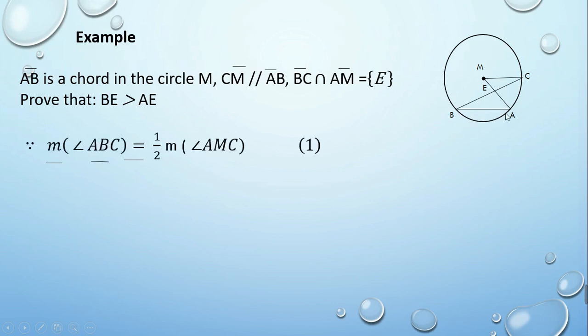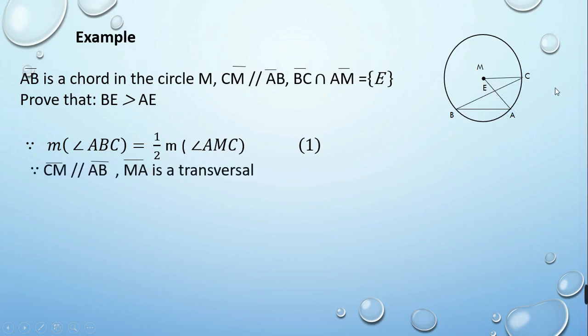I have here an inscribed angle ABC subtending the arc AC, and the central angle AMC subtends the same arc. So the measure of the angle ABC equals half the measure of the angle AMC.